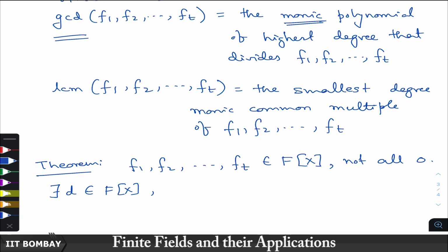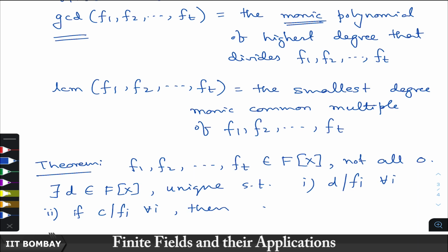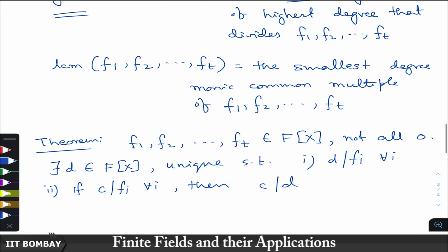There exists a unique d which satisfies the following properties. 1, d divides fi for all i, that is, it is a common factor of the given polynomials. 2, it is divisible by every common factor of these polynomials. So, if c is a common factor, c divides fi for all i, then c divides d. Every common factor divides that given factor d.